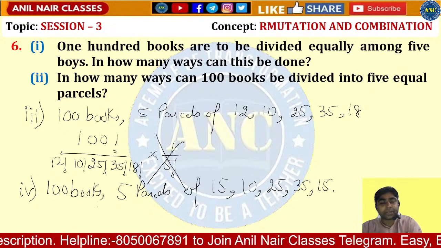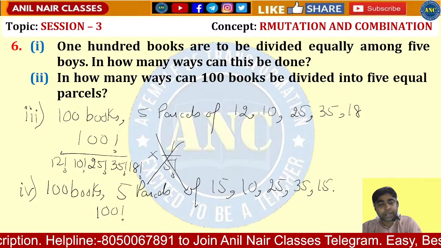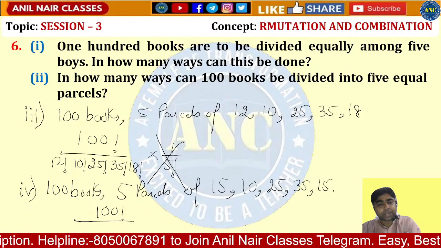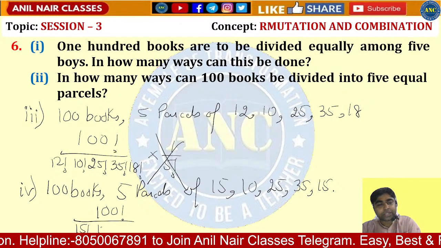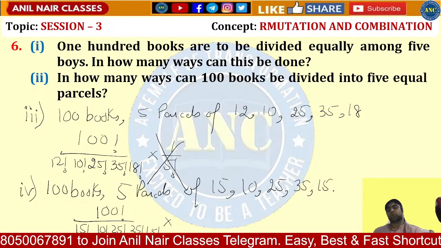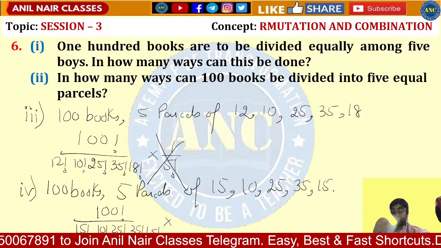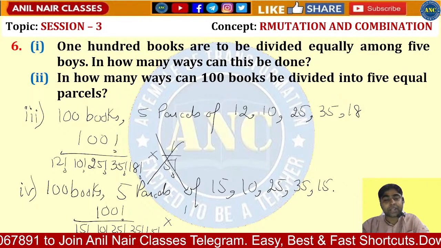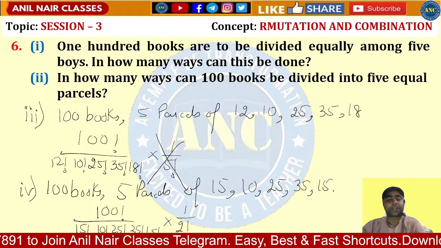Then my answer would have been 100 factorial upon 15 factorial, 10 factorial, 25 factorial, 35 factorial and 15 factorial into 1 upon 5 factorial? No. But it would be 1 upon 2 factorial, guys.